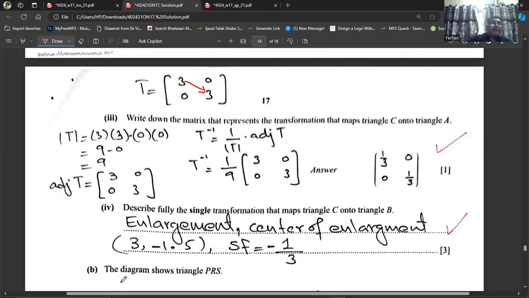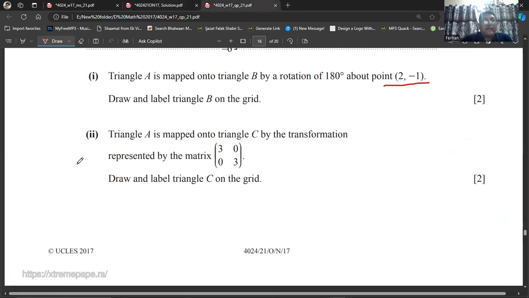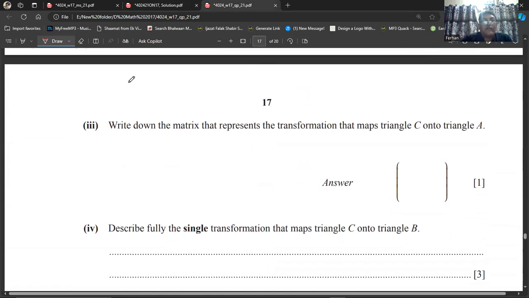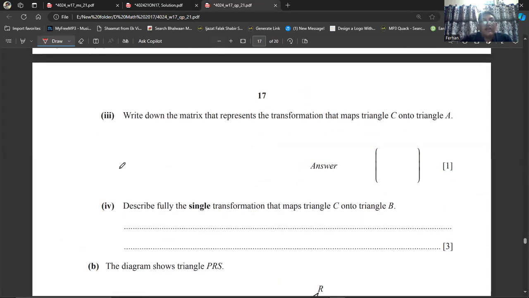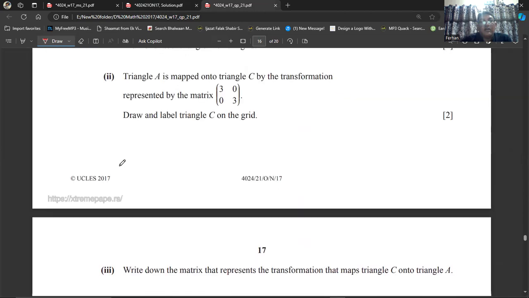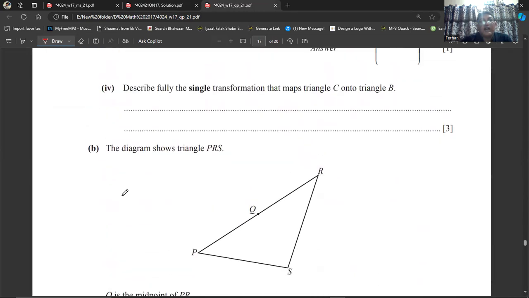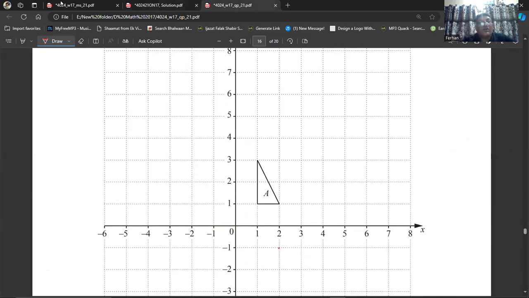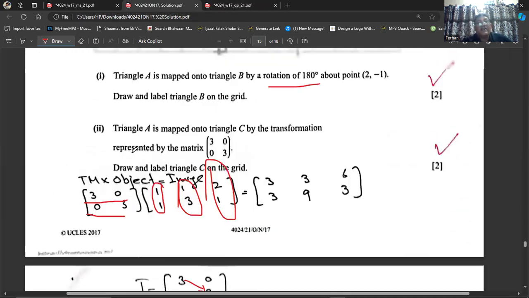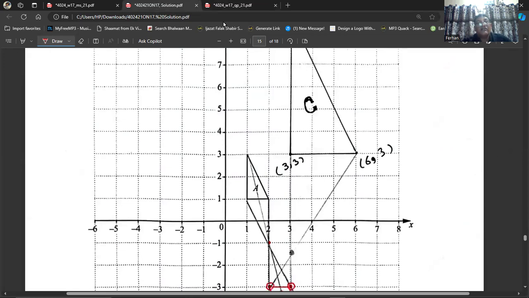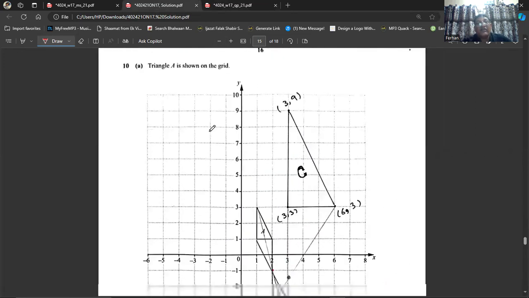Then he says, the fourth part, describe fully the single transformation that maps the triangle C onto B. The triangle C onto the triangle B, let's have a look here.